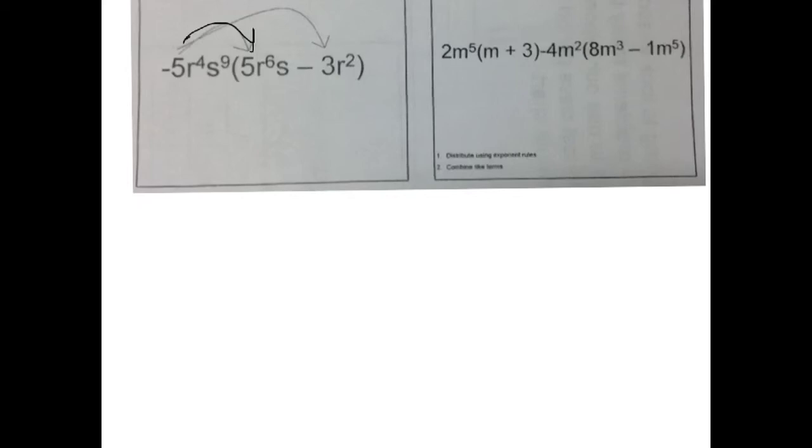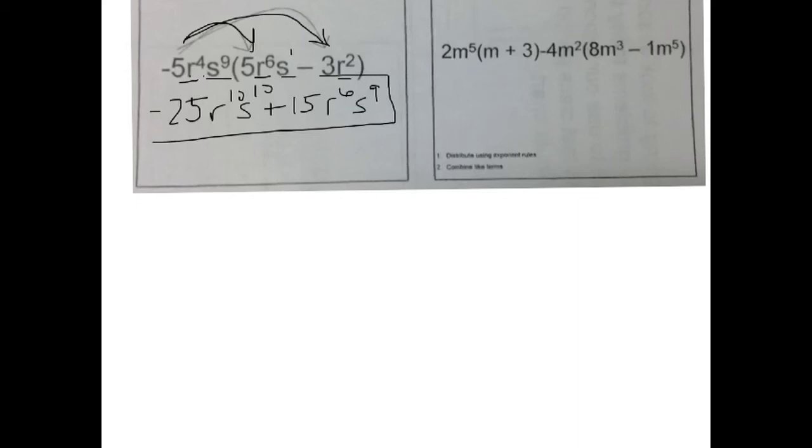Negative 5 times 5 is negative 25. r^4, r^6, add them to make 10. s^9, s^1 makes s^10. Then negative 5 times negative 3 is positive 15. r^4, r^2 is r^6. s^9 and nothing else is s^9. Then you look at the remaining two and see if there are like terms, which there are not in our case. If there are no like terms, then you're done.